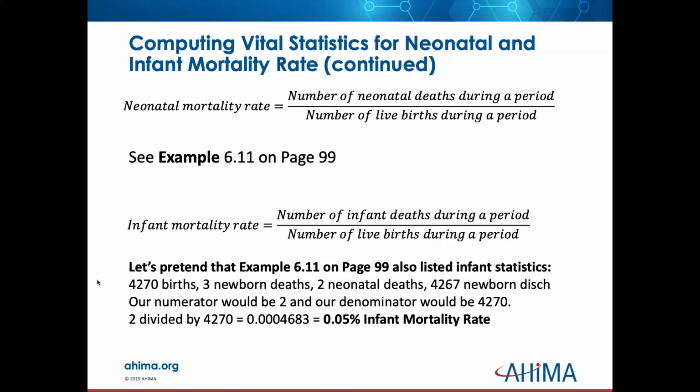So according to the formula, we take those 2 infant deaths, that's our numerator. Our denominator is number of live births, which was the 4,270. We do our nice little division there and come up with a 0.0005, or 0.05%, infant mortality rate. Sorry for the confusion there. I'll make sure I fix that moving forward, but that's how you would calculate an infant mortality rate if that 2 neonatal was 2 infant deaths.